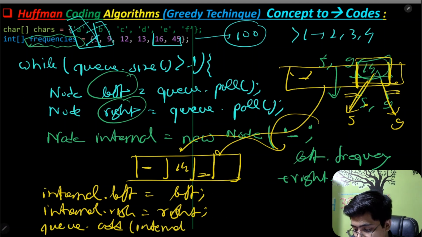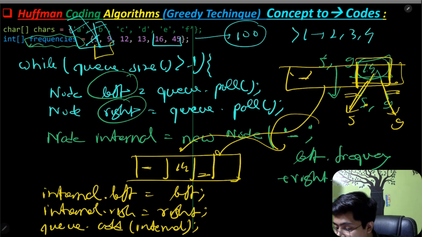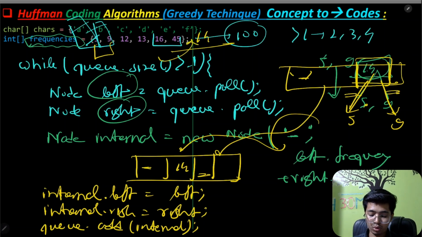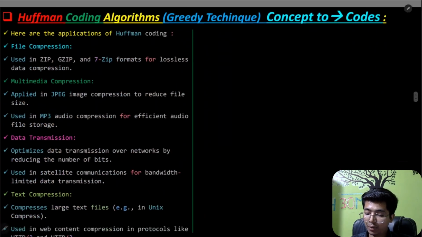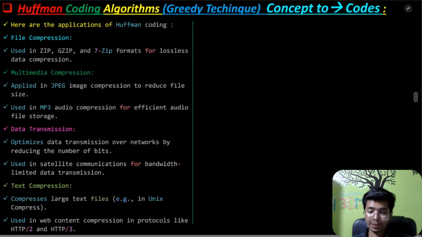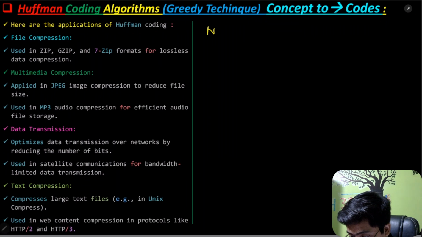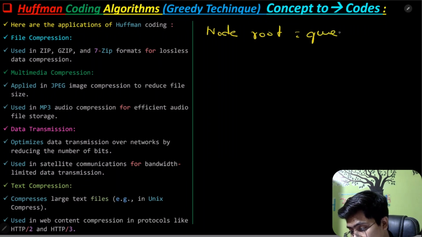So now we add the node, and once we added the node, the addition of 5 and 9, that is 14, will get added to this kiwi. So this is the code we wrote. Now after all the portions have been done, we need to point the root node. So for that we'll be writing node.root equals kiwi.poll.